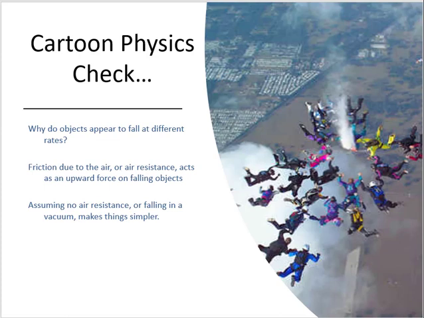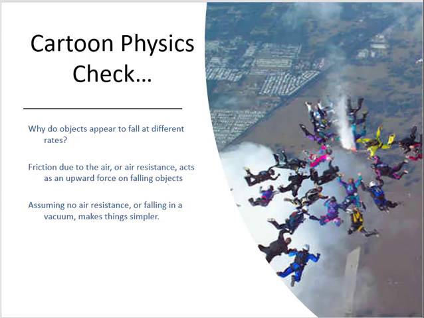And then let's talk a little bit about the ideal world physics, which is cartoon physics, and then what really happens. So you're thinking, okay, so I drop a piece of paper. It doesn't speed up as it goes towards the ground. I drop a feather, I don't see that. You see lots and lots of videos of the skydivers, and they hit what we all call terminal velocity.